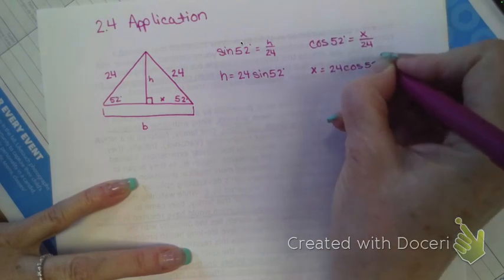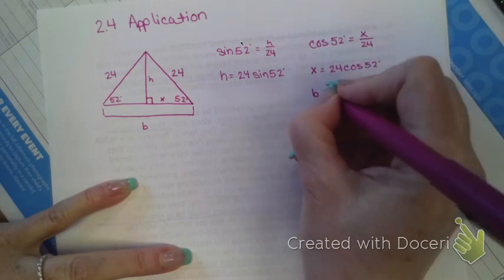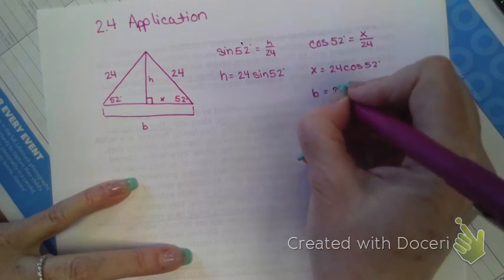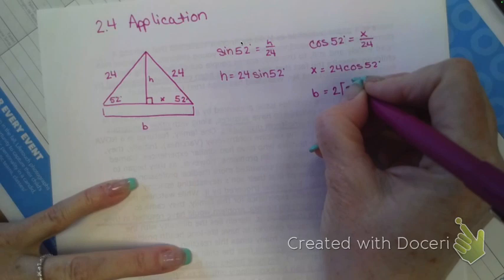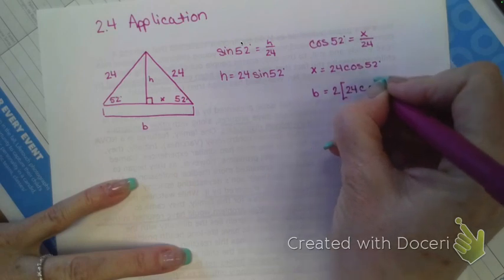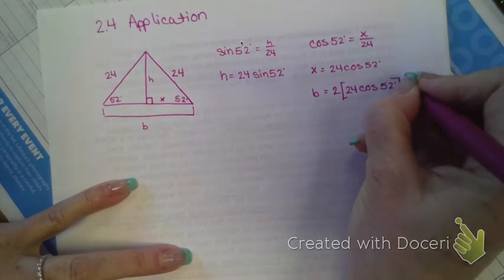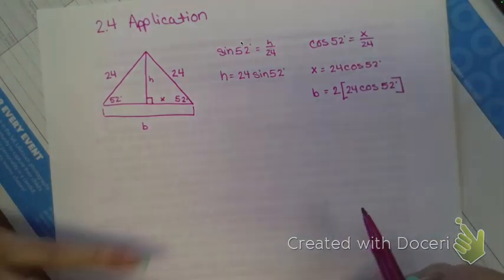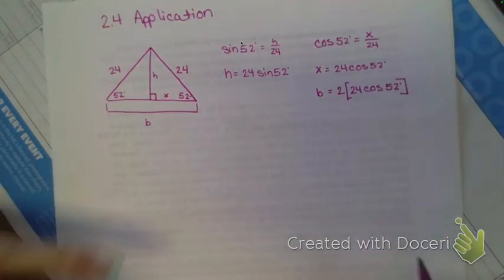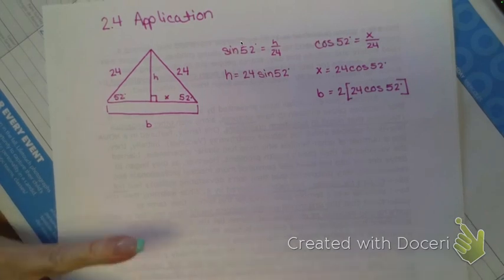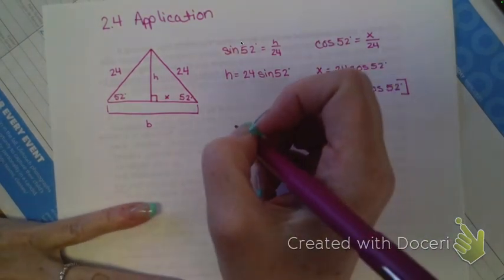But the base equals what? 2 times 24 cosine of 52. And why 2? Because there are 2 of them. So put those in your calculator and tell me what you get.